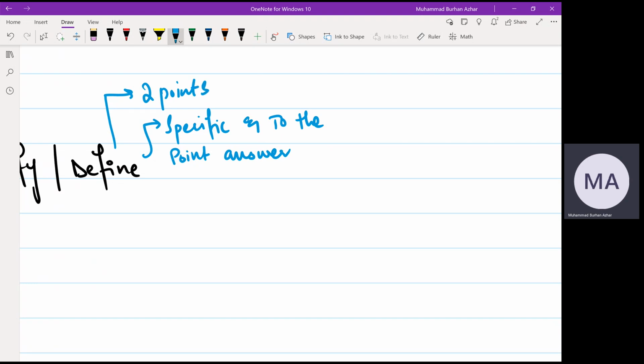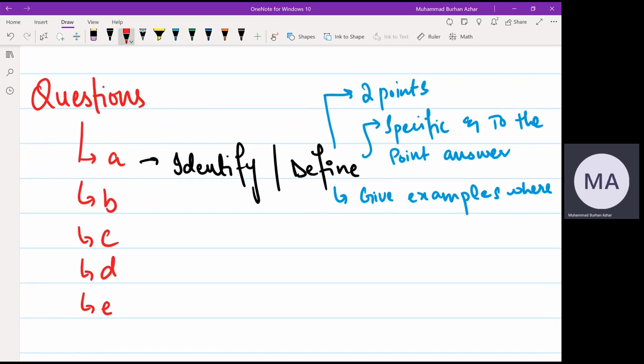So they give 2 points for the definition, or give example if possible. कुछ terms में there are examples, कुछ के अंदर you won't come up with examples, so give examples where possible. So this is an easy way to get full marks in a 2 mark define या identify का question. One other thing that you should keep in mind is that you should spend no more than 2 to 3 minutes on this question.